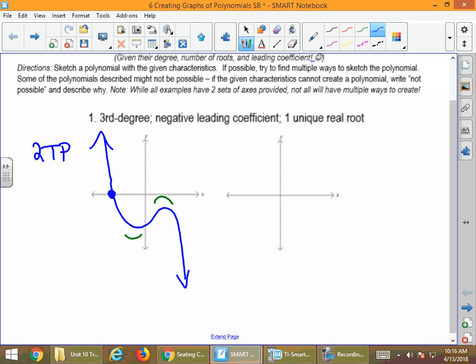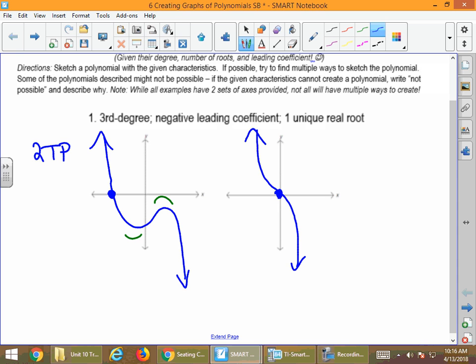That's one way that we can draw the picture, but we could draw it another way as well, although I'm struggling all of a sudden with it. I drew the parent function of this one, the parent function of a cube, but I don't really want to draw that. It does give us one real root.